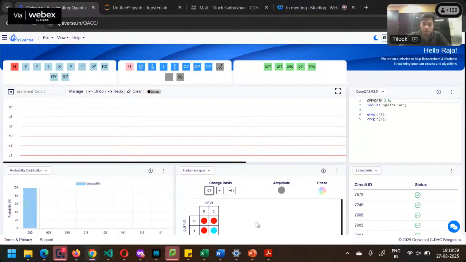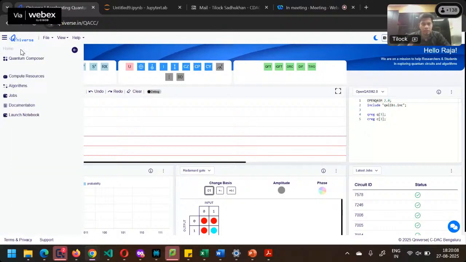Qniverse is a platform developed by our team at C-DAC, where we can run various kinds of algorithms, and we can play with different kinds of gates to do different kinds of operations in the context of different algorithms.